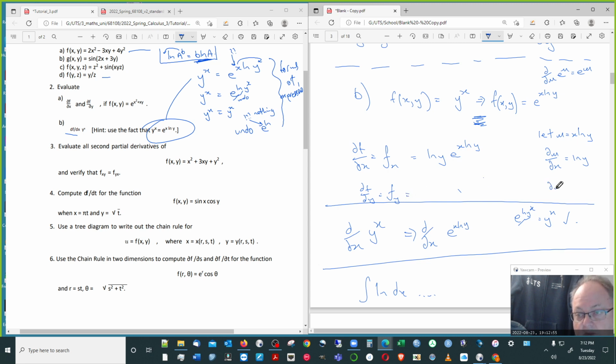So the partial with respect to y would be x ln of y. X would be a constant, so it would just end up being x over y, because the differential of ln of y is 1 over y. So this one here would be x over y, e to the x ln y.